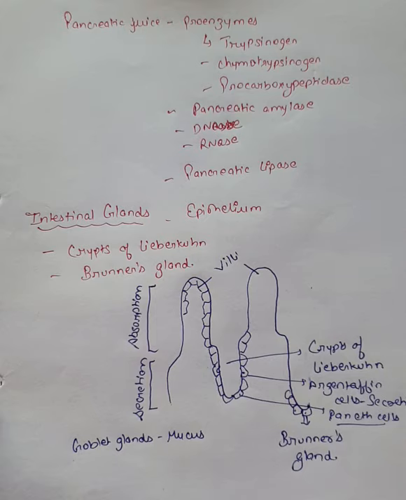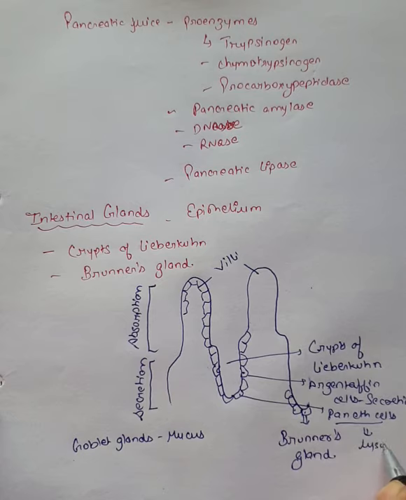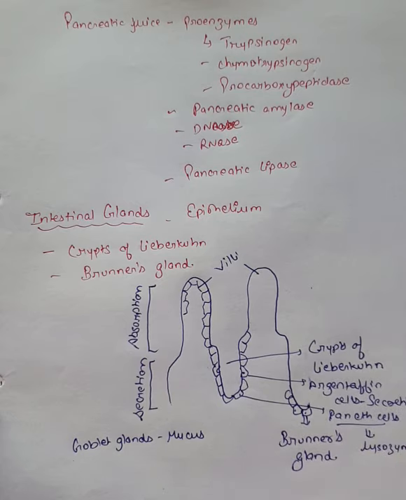Paneth cells, their function is not exactly known, but it is said that they are involved in functions just like lysozyme. Lysozyme functions as an antimicrobial structure. So Paneth cells are involved in phagocytosis also and function like lysozyme.